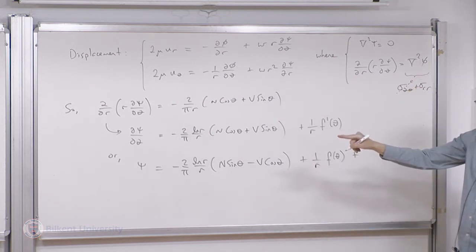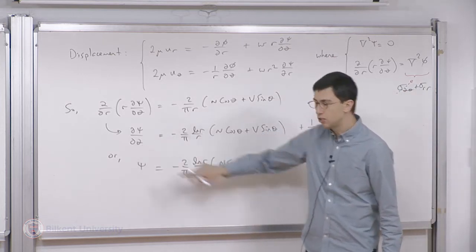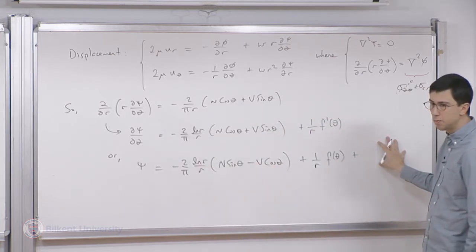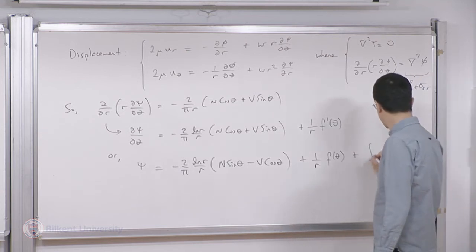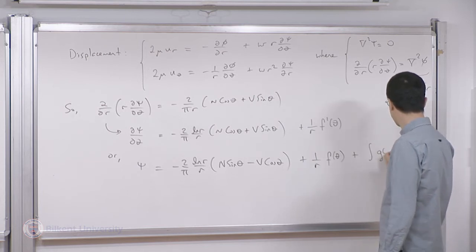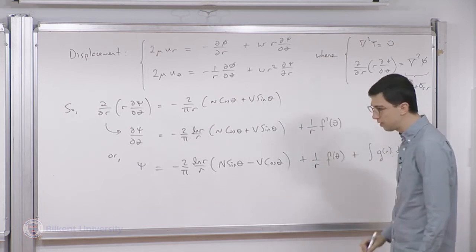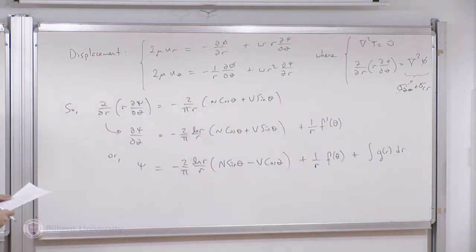Now, the derivative was with respect to theta, so here I can have an arbitrary function with respect to r. I'm going to express that function, again for convenience, as the integral of some other function g.